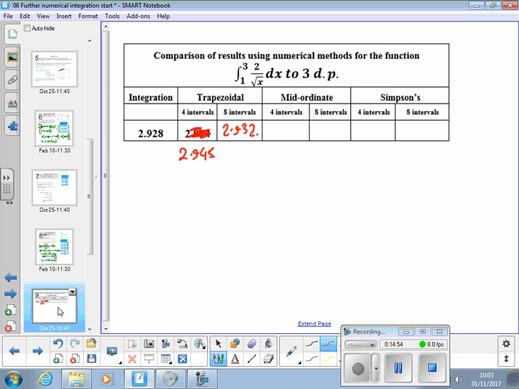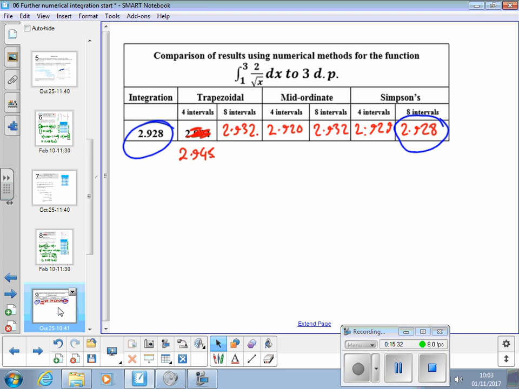So it's quite clear that if you add intervals to the trapezoidal method, you're going to get closer. 4 interval mid-ordinate was 2.920, 8 intervals gave us 2.932. 4 interval Simpson's rule 2.929, and 2.928, exactly the same as the mathematical method, with 8 intervals with Simpson's rule.